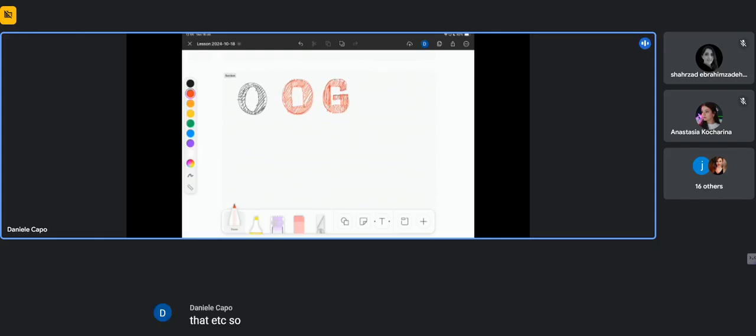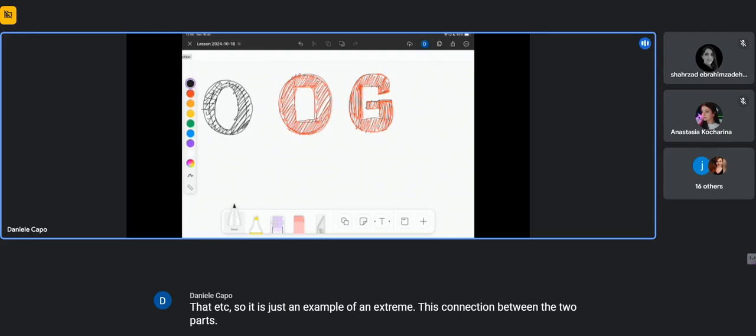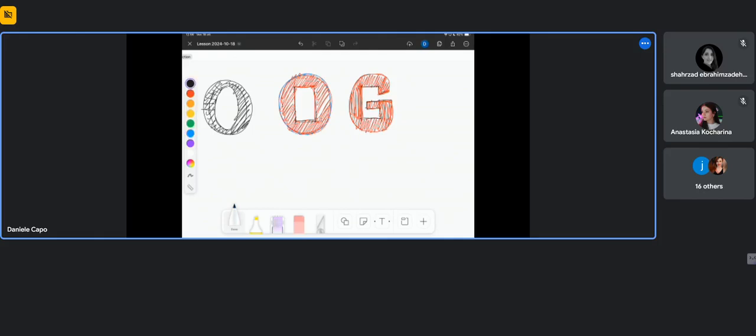Etc., etc. So it is just an example of an extreme disconnection between the two parts, the inside and the outside. That can create maybe some interesting effects.